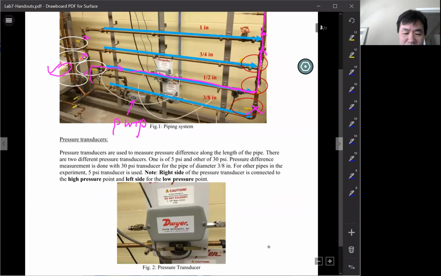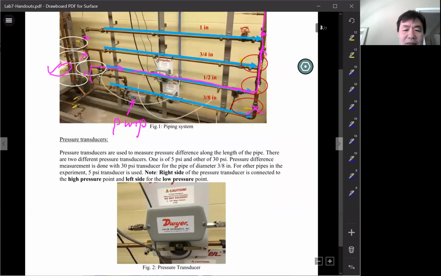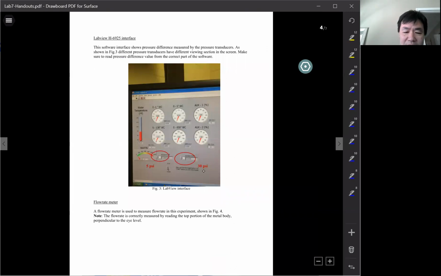This is the pressure transducer. Figure 2 shows the pressure transducers here. These are the two pressure transducers, which will eventually be connected to the computer. And this is the computer screen. This shows you the two pressure readings.